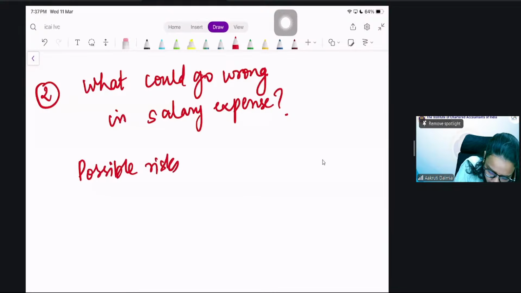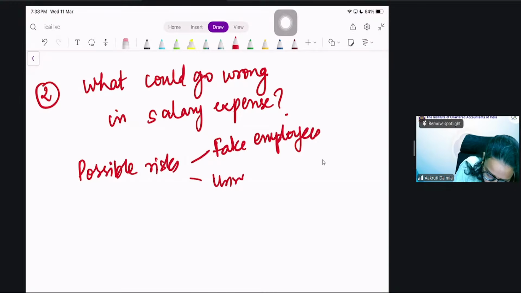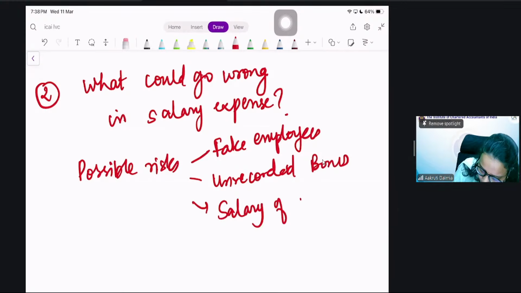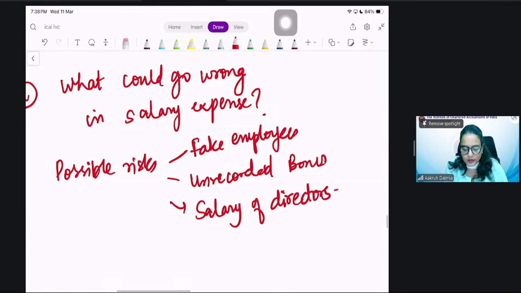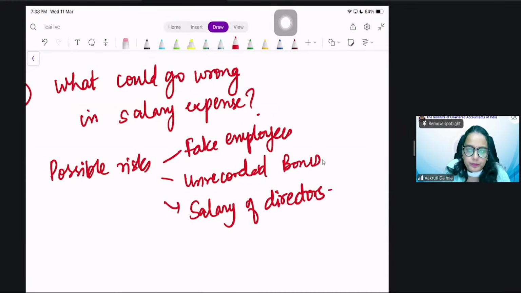The possible risks are that there can be fake employees, dummy employees, unrecorded bonuses, salary of directors misappropriated or not properly classified. All these things can go wrong.